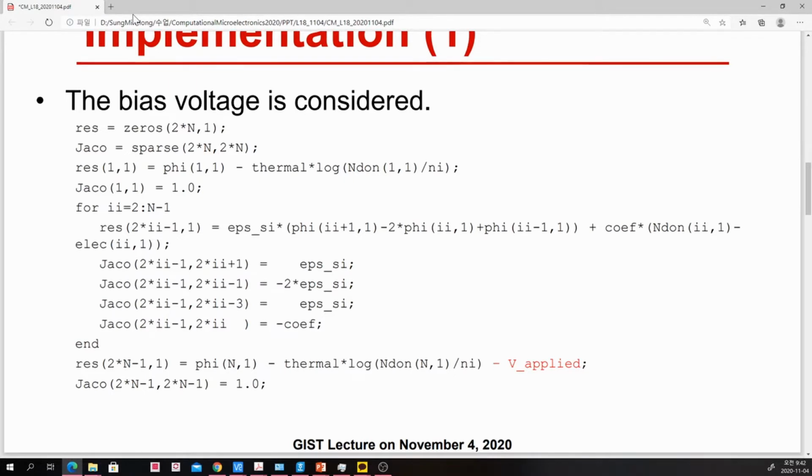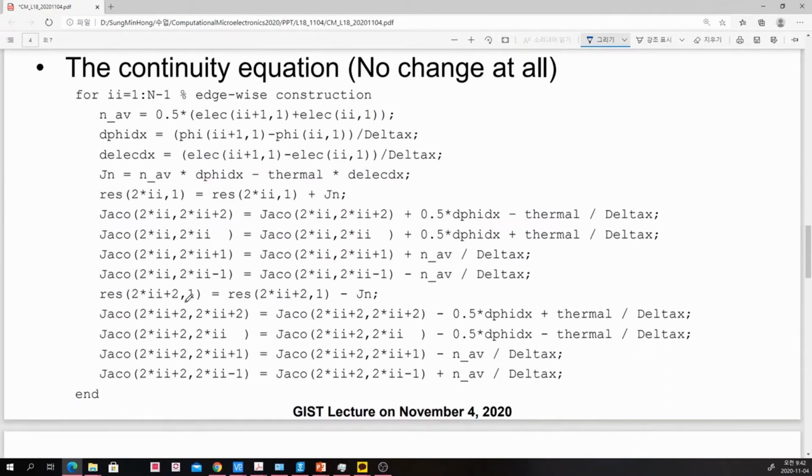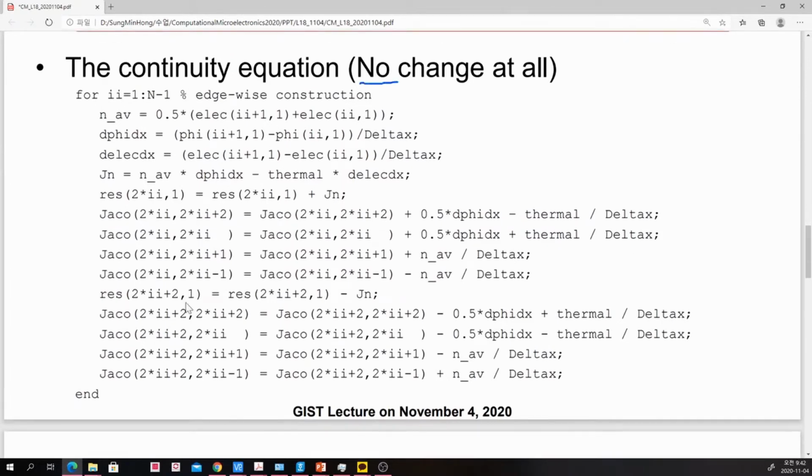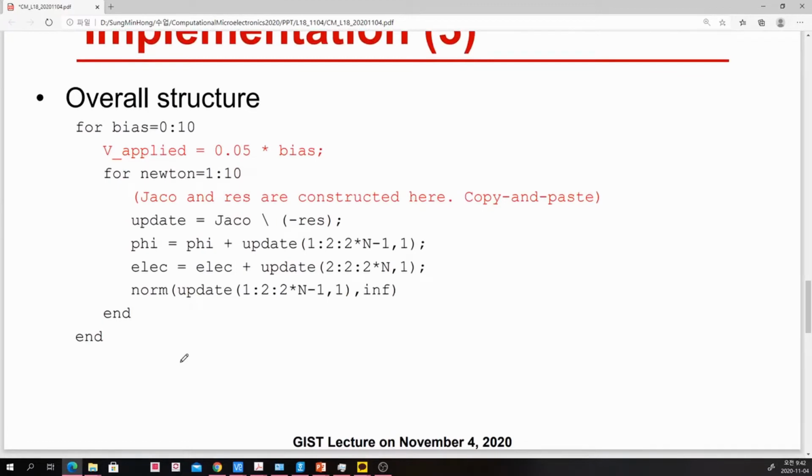Understanding the drift diffusion equation, or succeeding in implementing it, is the central goal of this entire semester. Okay, so then the continuity equation: in the case of the continuity equation, no change, that's it, period.